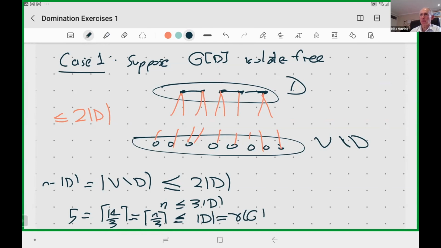You agree? So that case is easy to handle. Just do simple counting, counting edges coming out of D. Because it's dominating, everybody outside is incident to one of these red edges. You're going to get at least n over 3. Okay, what happens in case 2?